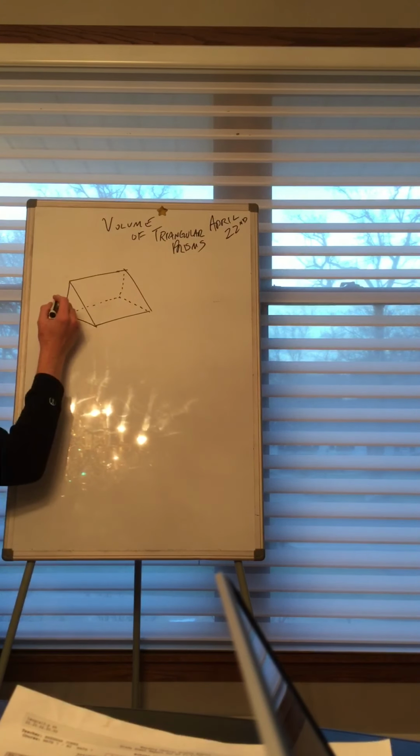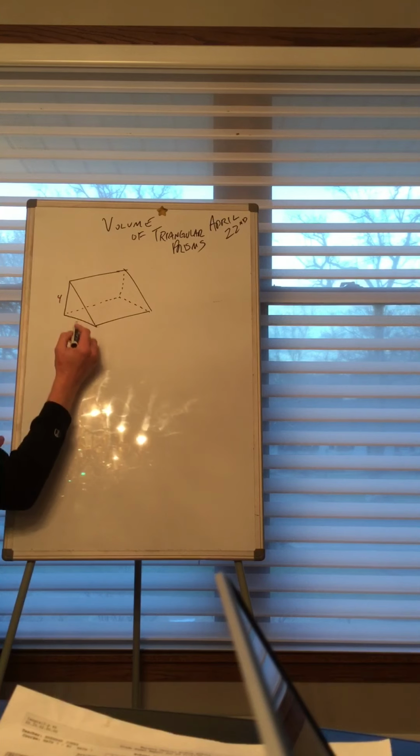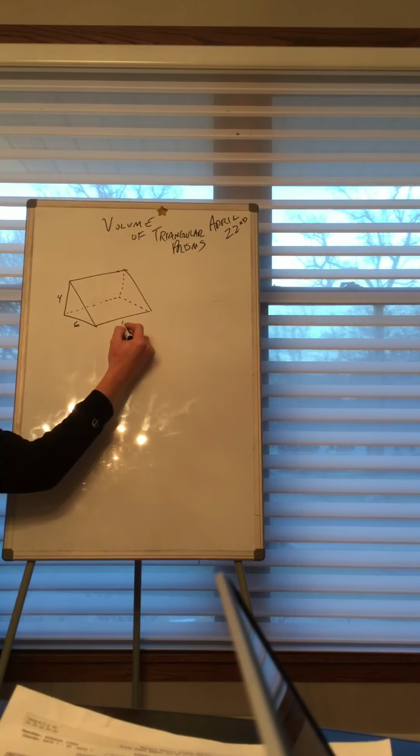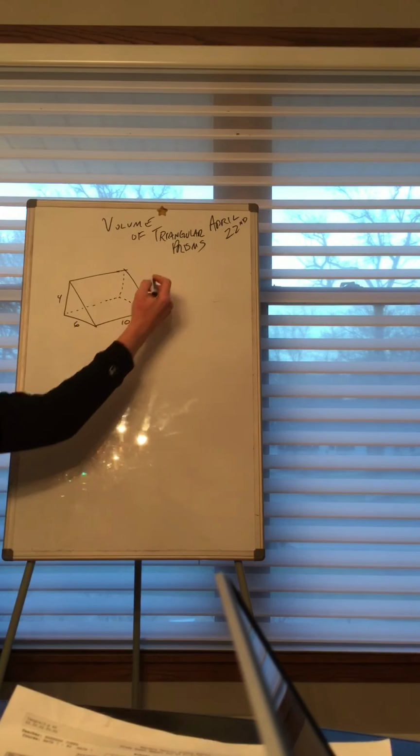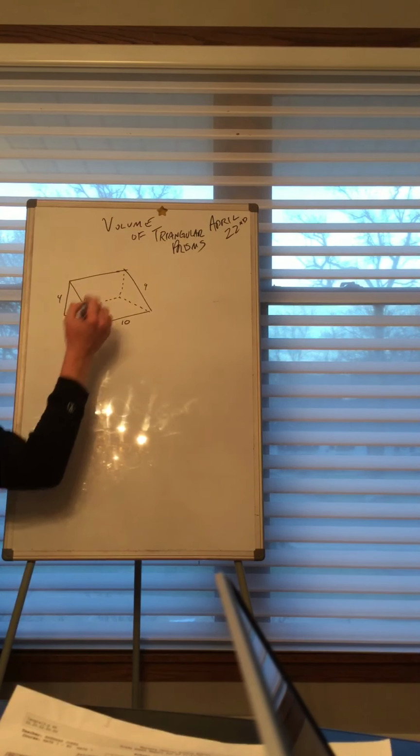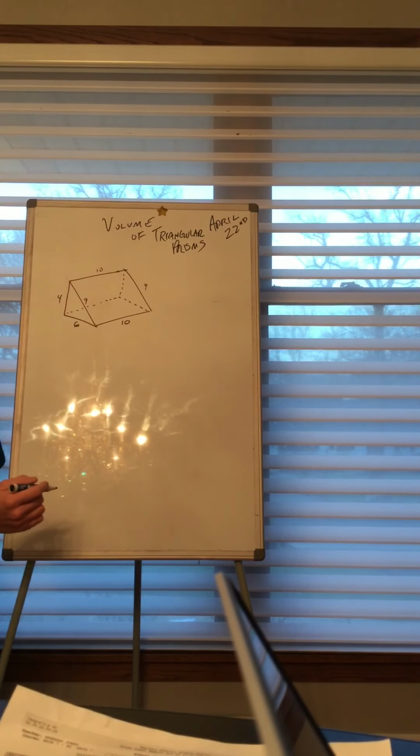Okay, and let's say this is 4 by 6 by 10. And let's say this is 9, and that's 9, and that's 10. Okay, so we need to figure out how much space is inside this.